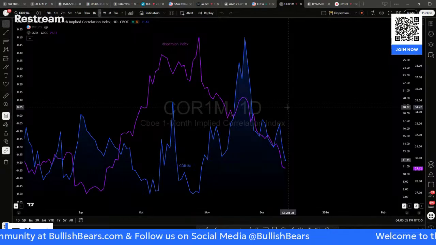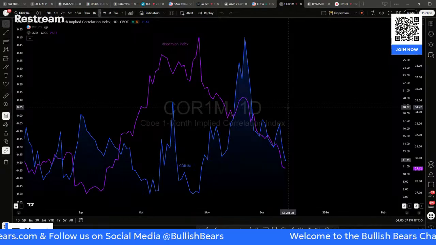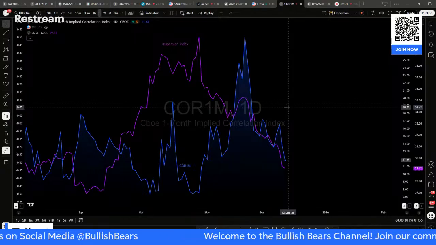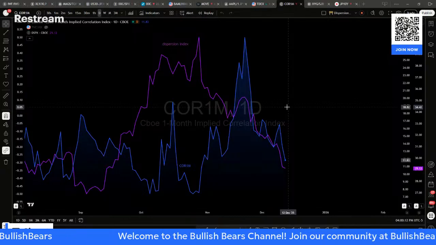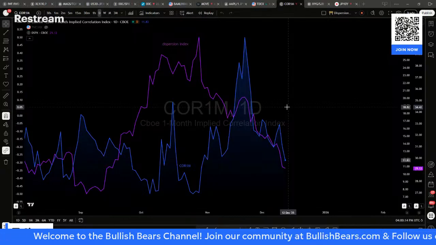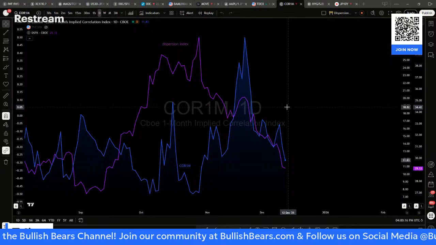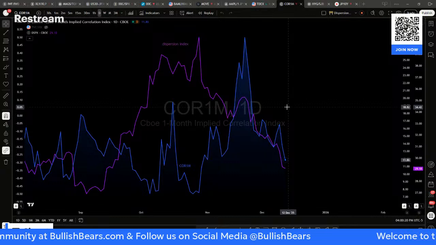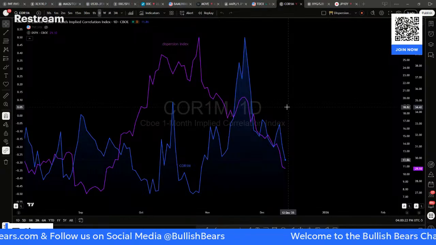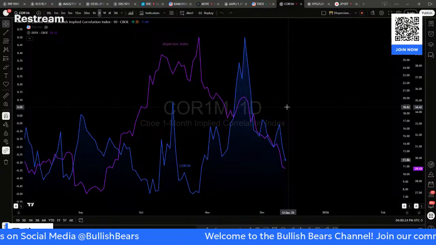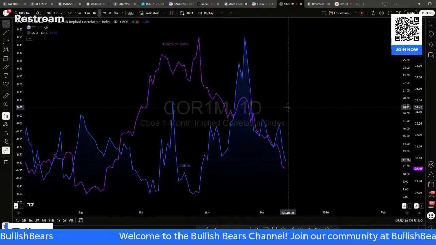You can't miss the barn. So, in a low correlation environment, you want to lean more on the indexes or run some sort of dispersion trade and run less on a correlated market condition. But if everything's falling, then it's a good time to play stocks because everything you trade is going to be doing the same thing, going down.